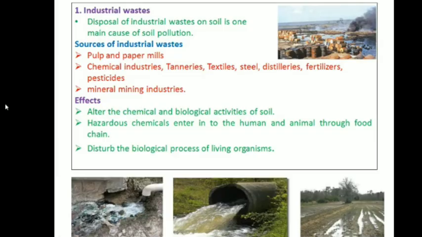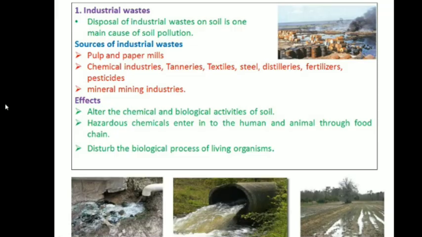Okay, so water pollution and soil pollution are somewhat related actually. Sometimes industries discharge toxic wastewater into nearby water bodies, and sometimes they discharge toxic wastewater into nearby land areas. So if you know about water pollution, then some points you can write in soil pollution also, because dumping of industrial waste either into the water or into soil will lead to pollution.